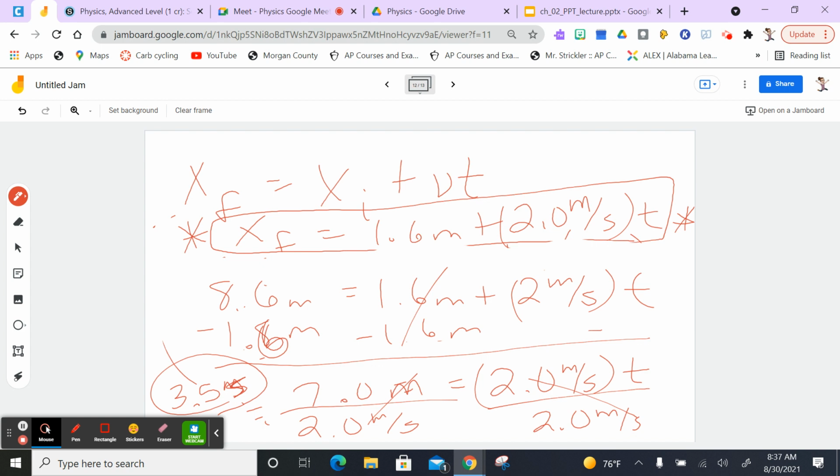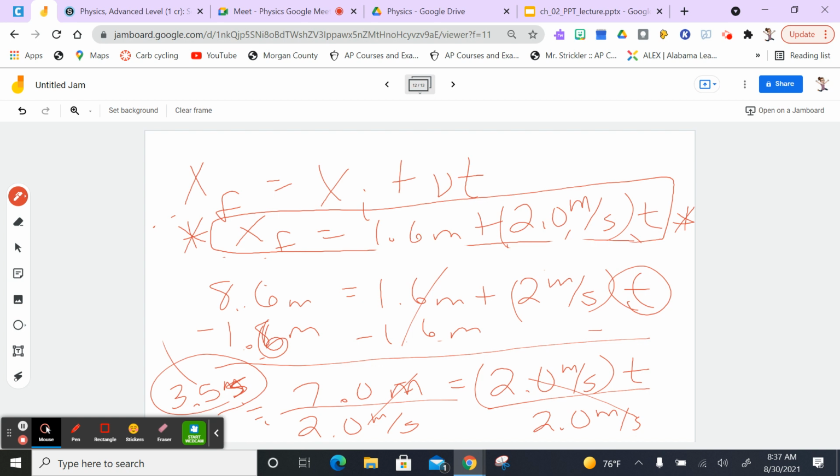Okay, but you can't add them, because this is a multiply deal here. The 2 is a coefficient. It's not a term all to itself, like in math. So you can't add the 2 and the 1.6. You got to get the t by itself. So t is your variable. You got to get that by itself. And the way you do that is you subtract 1.6 from both sides.